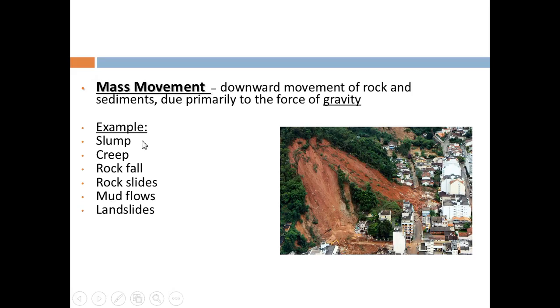Slumps and creep are the other two main types of mass movement. These forms of mass wasting can be much less dramatic than rock slides or mud flows, but they are the types of mass movement that you are most likely to see evidence of. A slump is a slide of loose debris that moves as a single unit, so it can occur along roads and highways, where construction has made slopes unstable.